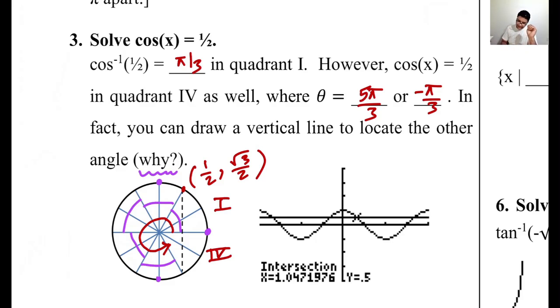For any angle, if you take a vertical line and draw from that down to the opposite side, you get another angle where the cosine has the same value. Okay. Why? If you have thought about it, now you check. The answer is because the x coordinate is the same. If you look at a vertical line, the x coordinate is the same, and that is cosine.